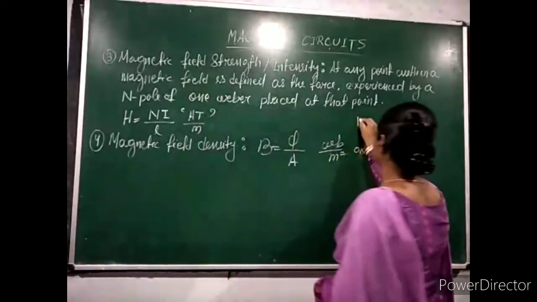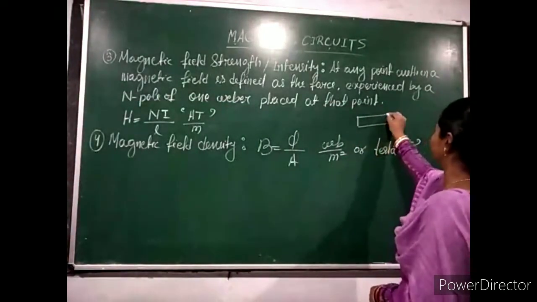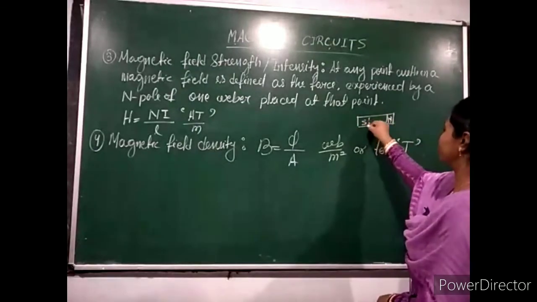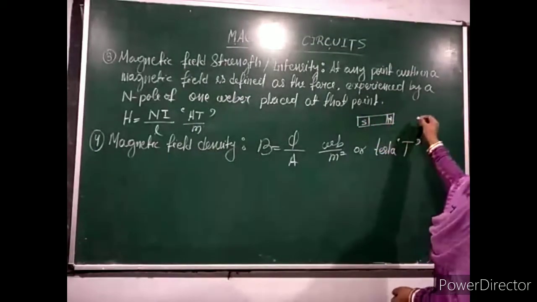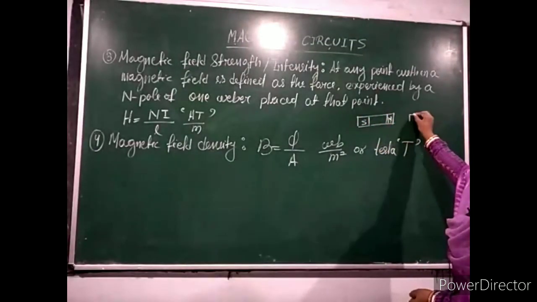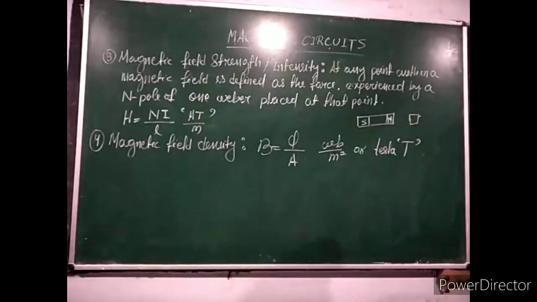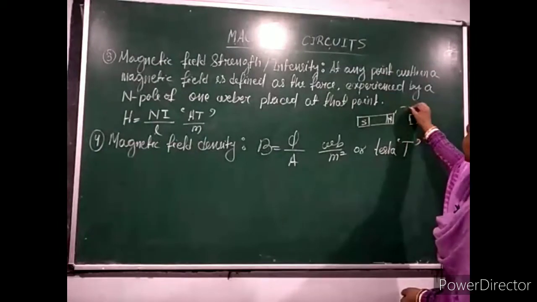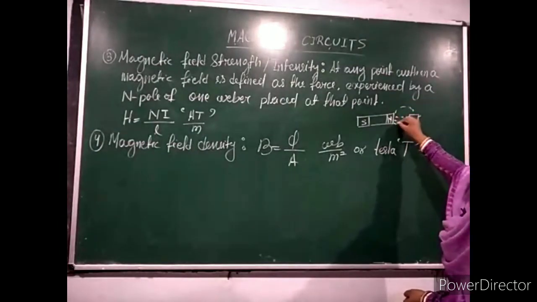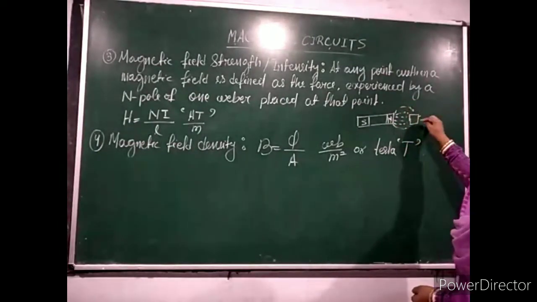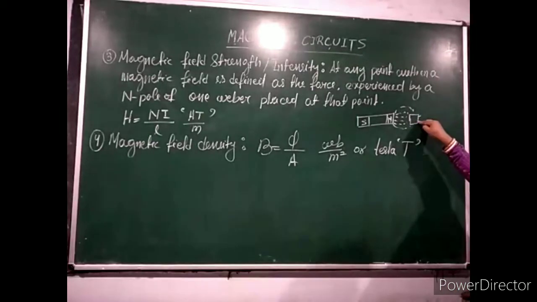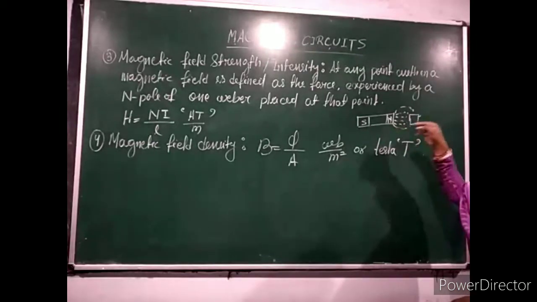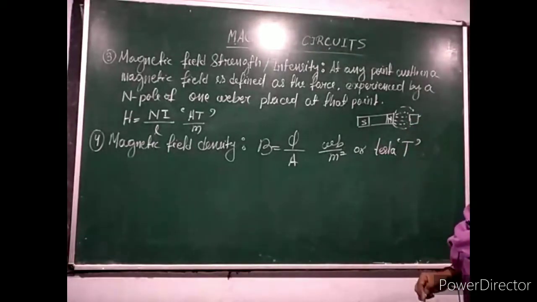Suppose I place a magnet, this one is north pole, this one is south pole, and if I place another magnetic material nearer to the unit north pole, then the force exerted by this unit north pole to attract the magnetic material towards it is known as magnetic field strength or magnetic field intensity.